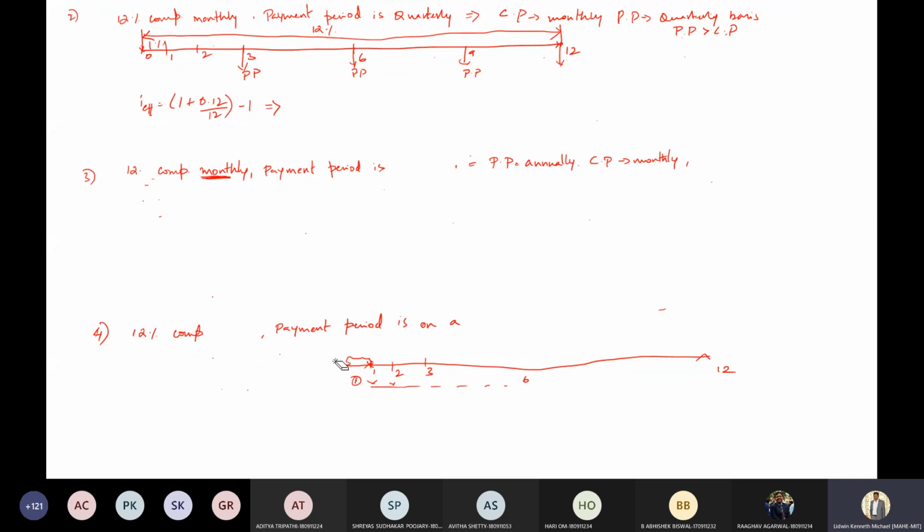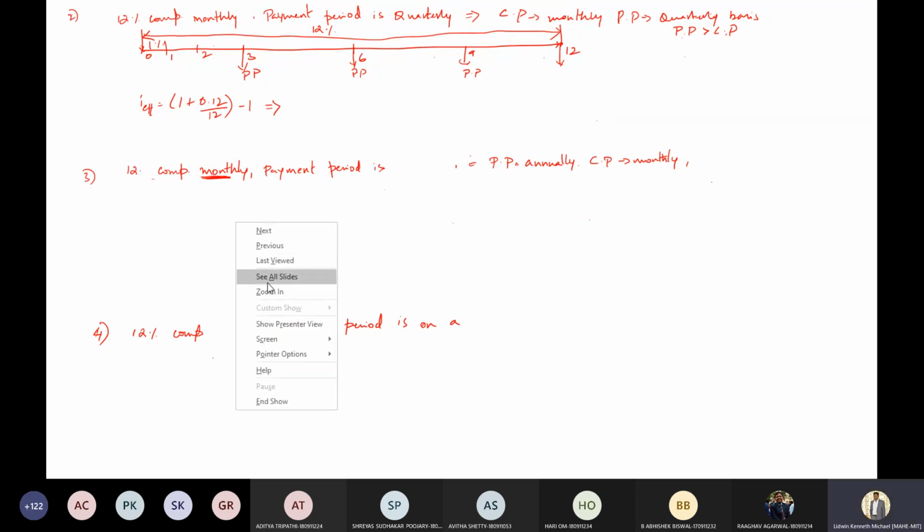Yes, some of you have given the right answer. Some of you have given the value of N. Yes, you are right. But what about the others?